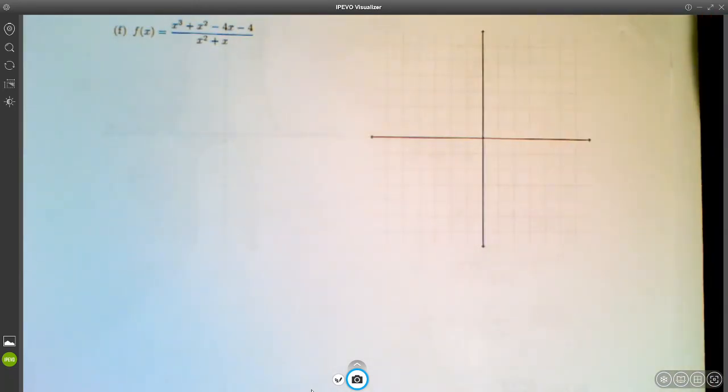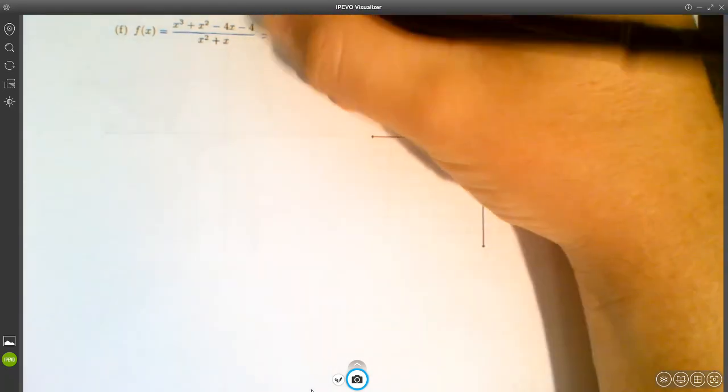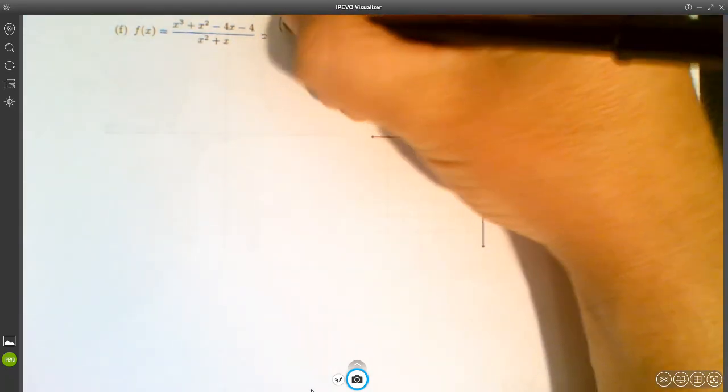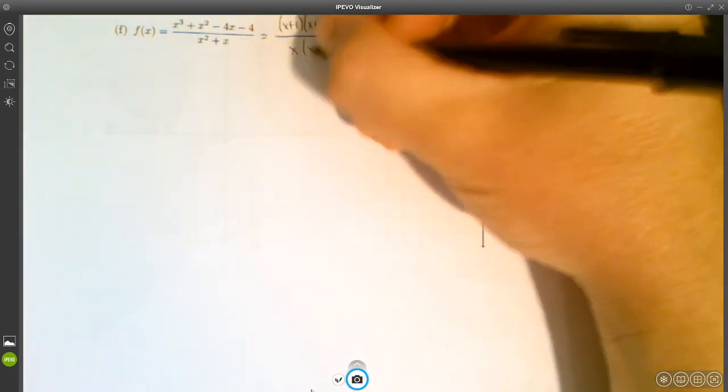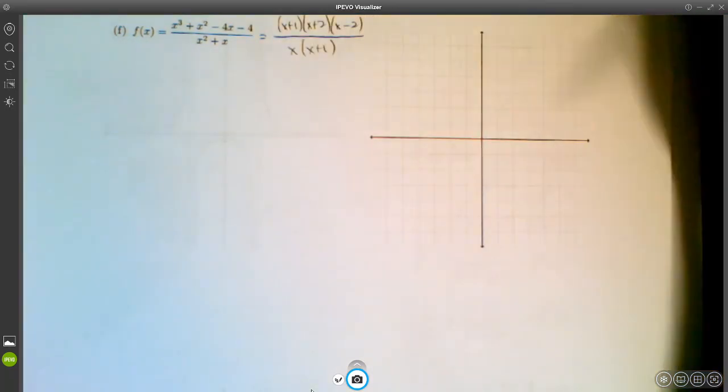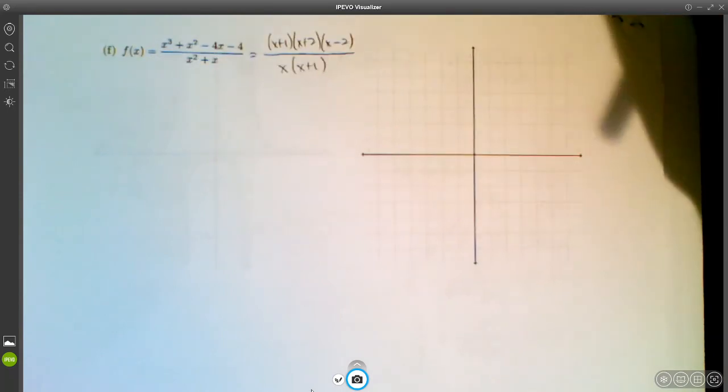Well, let's do this. We just factored this thing, so I'm not going to redo the work. I already know that it looks like x plus 1 times x plus 2 times x minus 2. In the denominator, I can factor out the x, and I'm left with x plus 1. So there's the factorization.